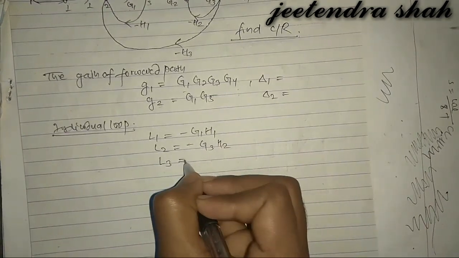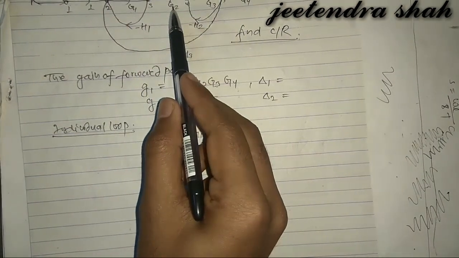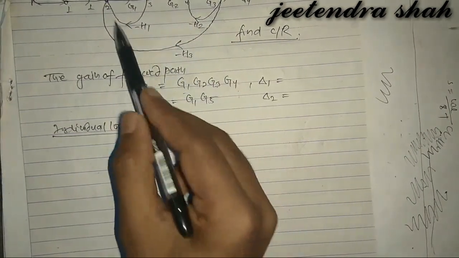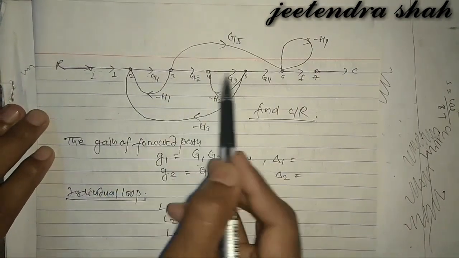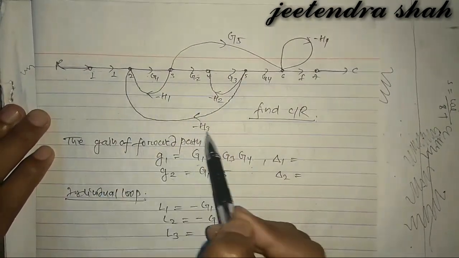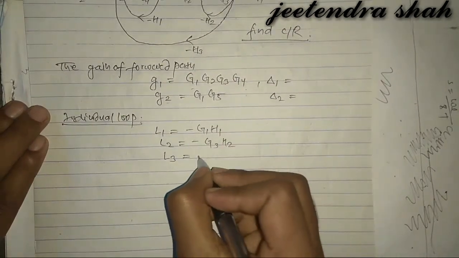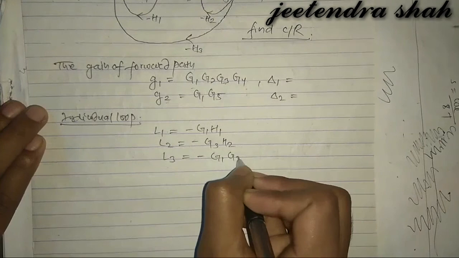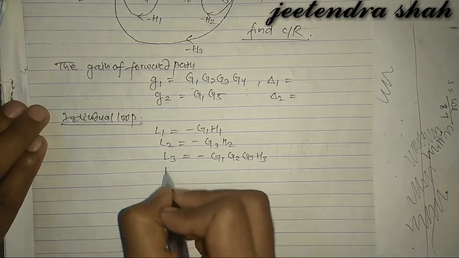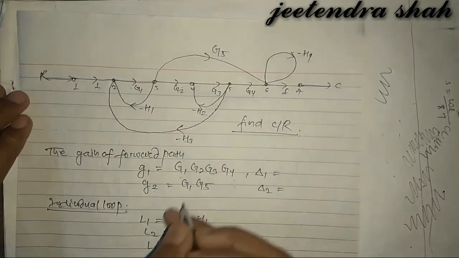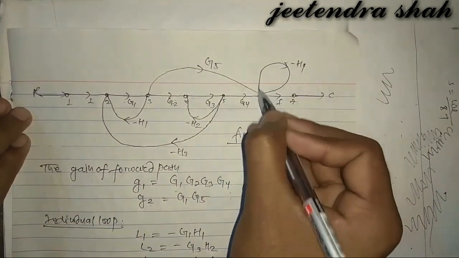For loop 3 we have G1, G2, G3 and H3, so L3 is minus G1 G2 G3 H3. And loop 4 is minus H4.